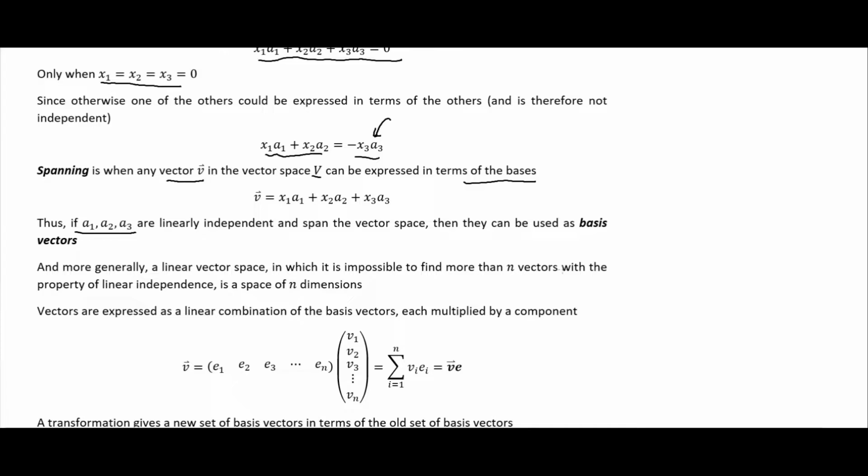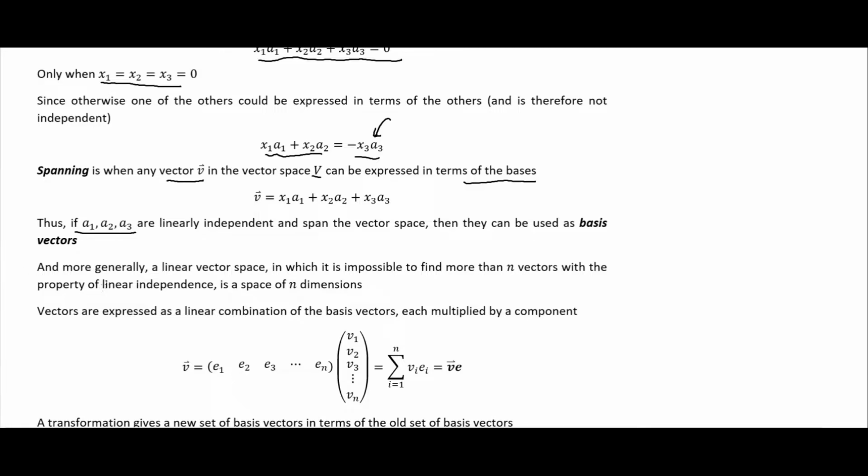And obviously, it's always nice if we can have orthonormal basis vectors, but that is not a necessity for basis vectors. And when you get into space groups and stuff like that, you often find that it's not that good to have orthonormal basis vectors, that you want basis vectors that fit your lattice more usefully.